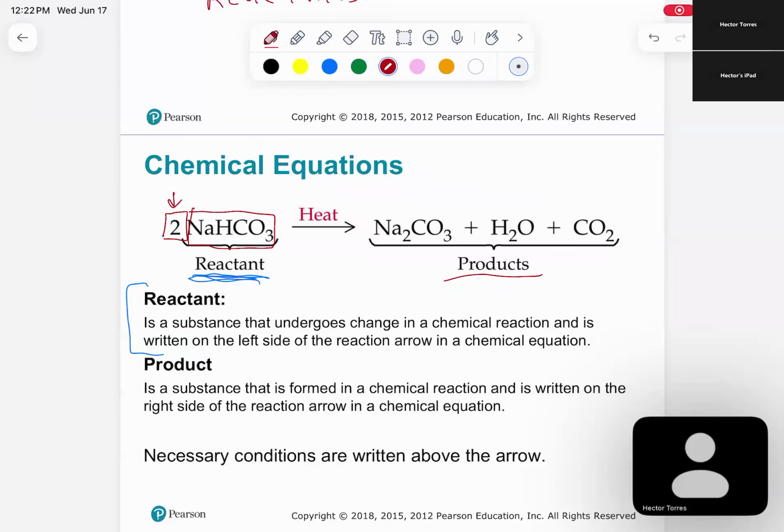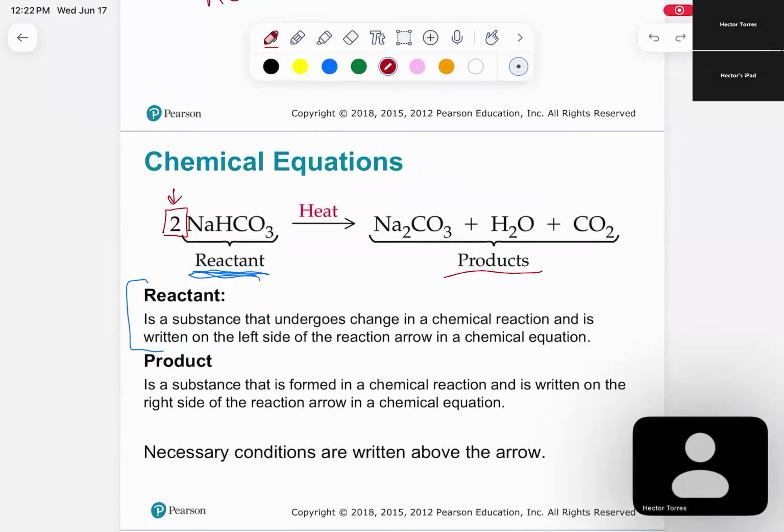So there's 2 Na's, 2 H's, 2 C's, and 2 CO3's. That's what the coefficient tells us. If it doesn't have a coefficient in front of it, like these 3 do, then we assume that the number is 1. Whenever it doesn't have a number in front of it, that means it's 1. But if it has a number in front of it, that's how many sets of the molecule you have.